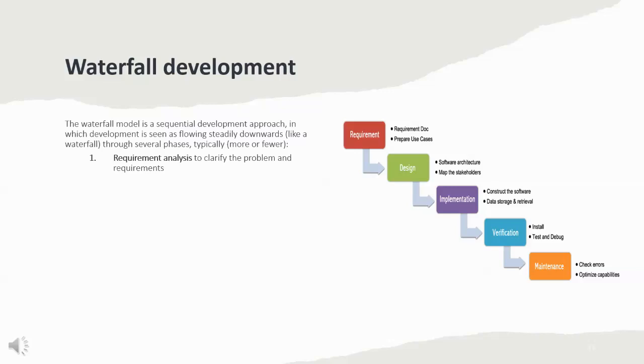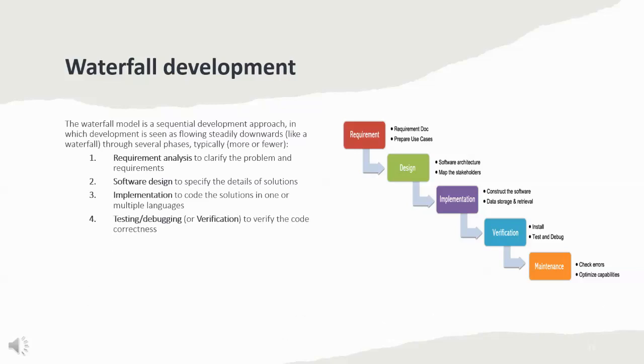Requirement analysis is to clarify the problem and requirements. Software design phase is to specify the details of solutions. Implementation phase is to code the solutions in one or multiple languages.